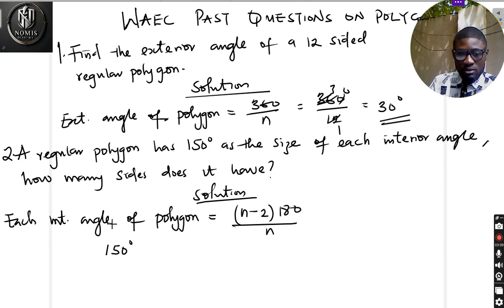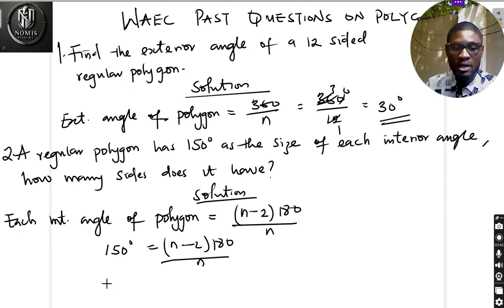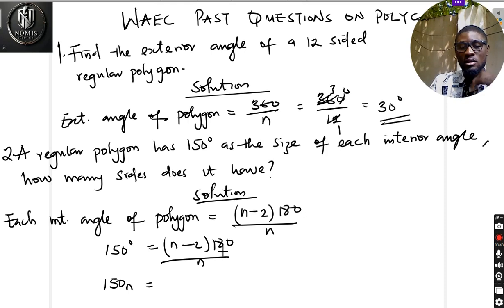So let's get that. 150 degrees equals n minus 2 multiplied by 180, all divided by n. When I cross multiply here, I'll have 150n equal to, open this bracket, 180 multiplied by n is 180n, minus 2 multiplied by 180, and that is 360. So take 180n to the left hand side, that is collecting like terms.